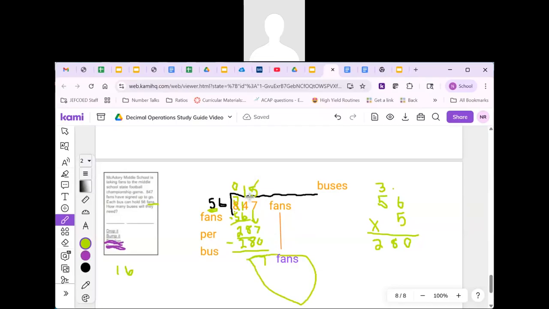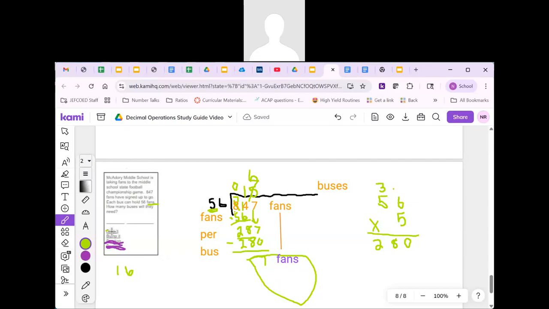So I'm going to have to take a whole other bus. So 16 buses. Now, maybe when I get the 16 buses, the people can spread out or whatever, but I know I can't go over 56. So that's why I have to have an extra bus.